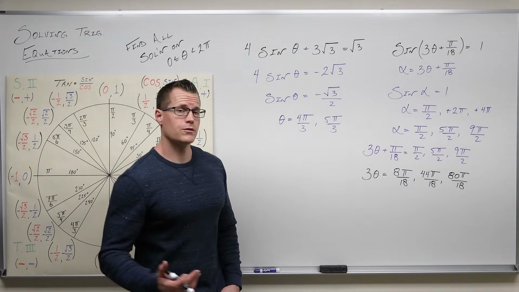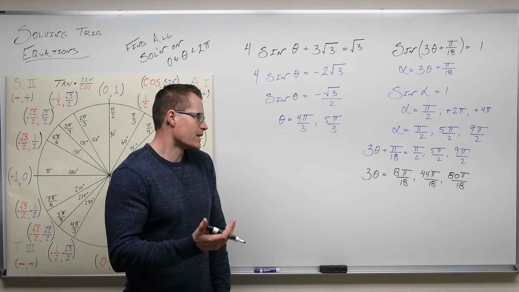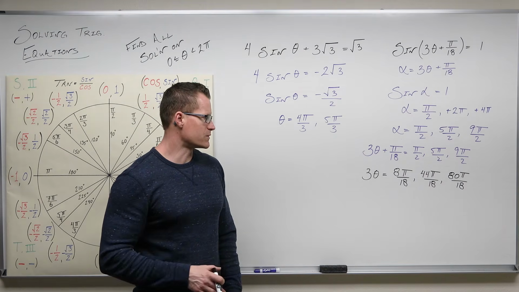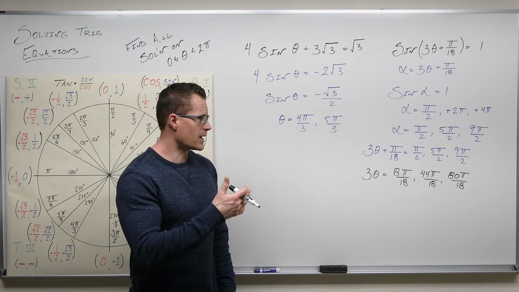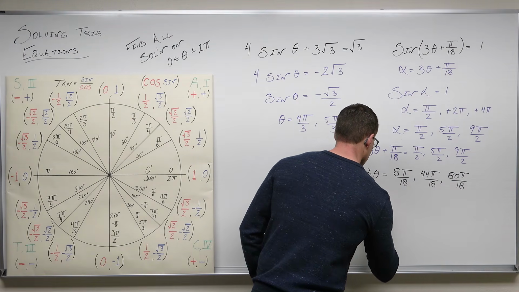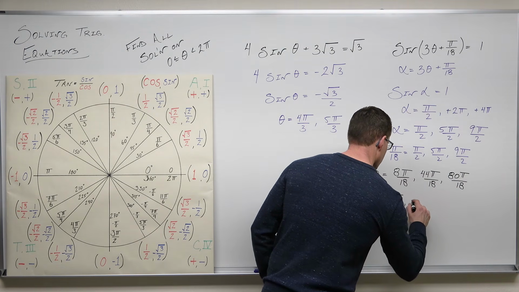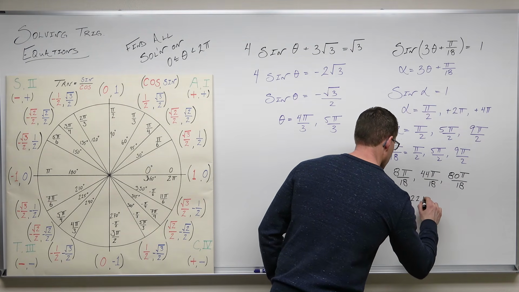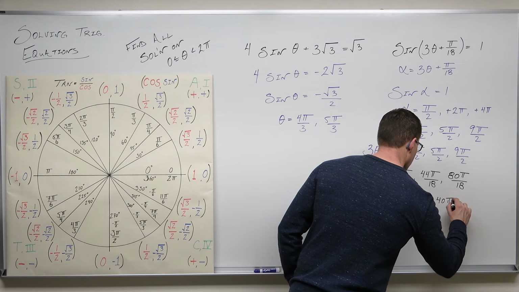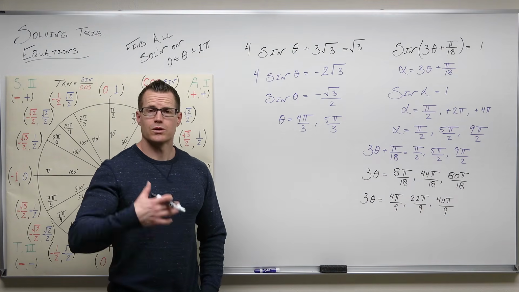Now, of course, all of these are going to simplify. We can do that now or we can do it later. It's a little bit nicer to multiply the denominator by 3 once you've simplified, so I'm going to do that now. I'm going to divide everything by 2. And lastly, we're going to divide by 3.